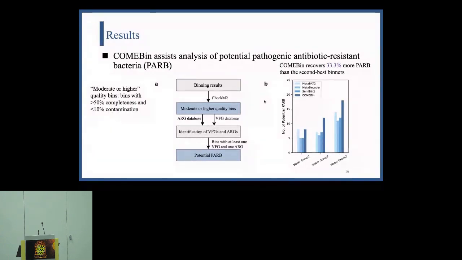Following a related study, a moderate or higher quality bin with at least one antibiotic resistance gene and one virulence factor gene is defined as a potential PRB. When integrating Combine into the PRB identification workflow, the number of potential PRBs identified from the water dataset showed an average increase of 33% in comparison to the second best binner.